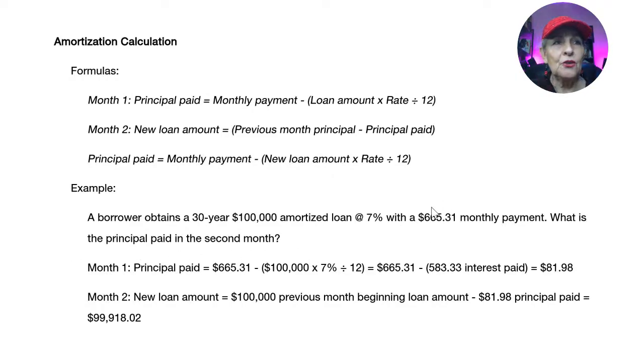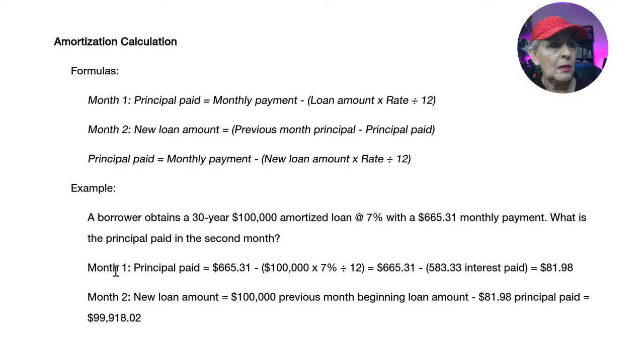Okay. So when they quote this number, that's principal and interest, PI. And when we have a mortgage, the lender will require PITI. What does that stand for? Principal, interest, taxes, and insurance. Here, we're only dealing with principal and interest.